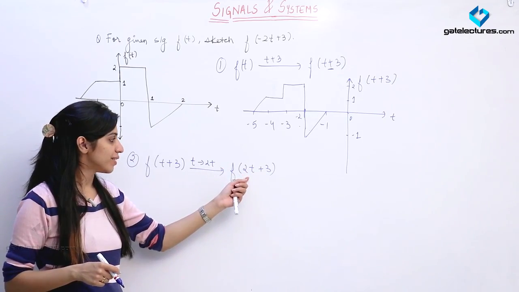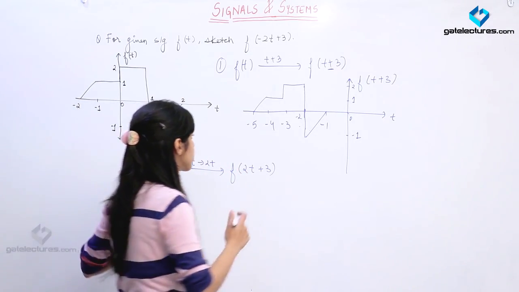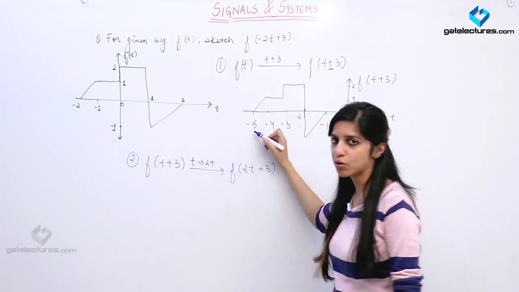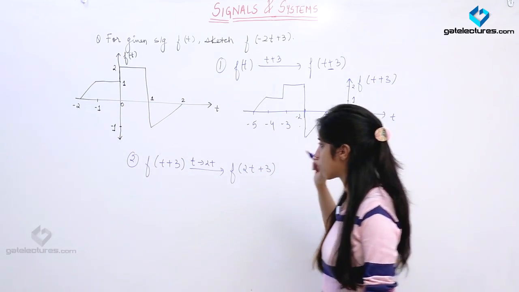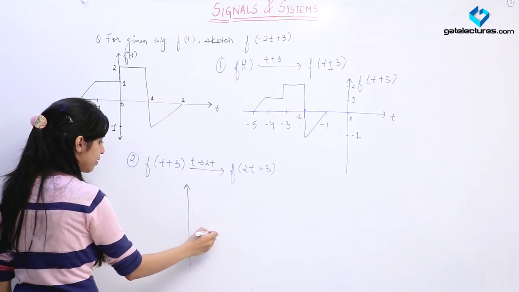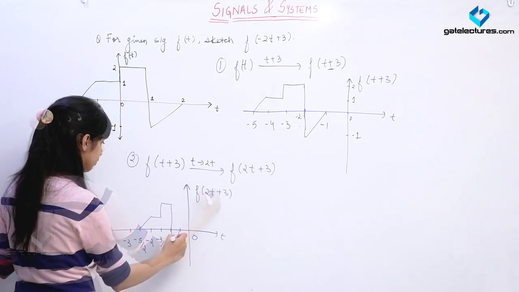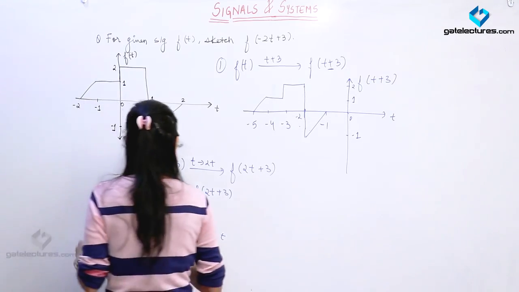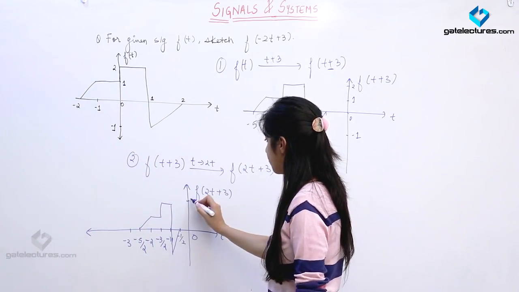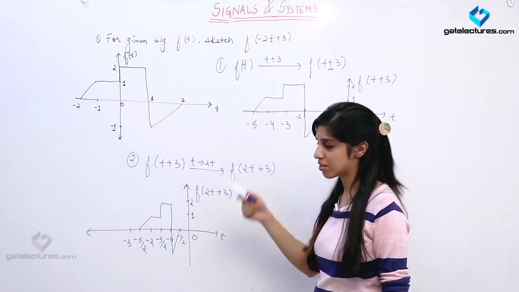This is going to be time compression of the signal. So this point is going to be minus 5 by 2, this point is going to become minus 1 by 2. So this is what the signal is going to look like. So this is how this time compressed signal is going to look.